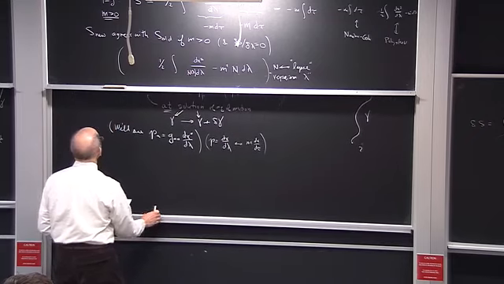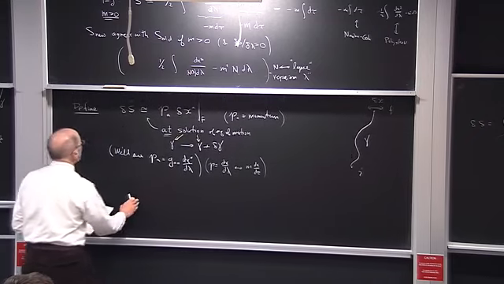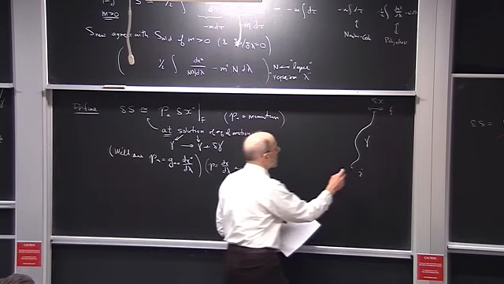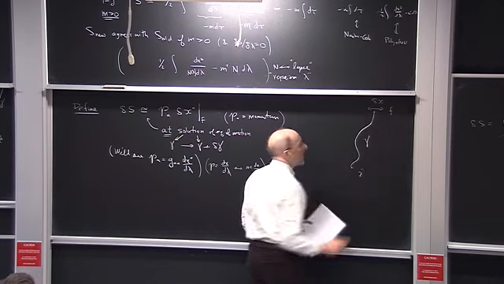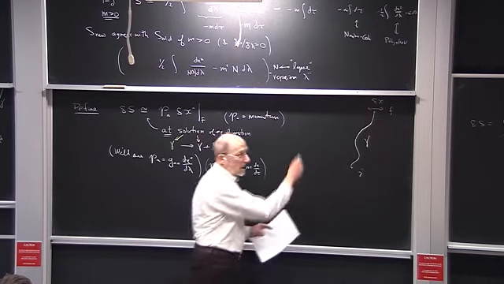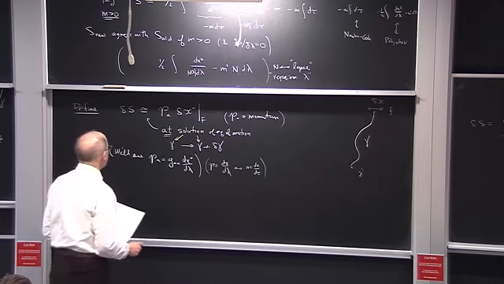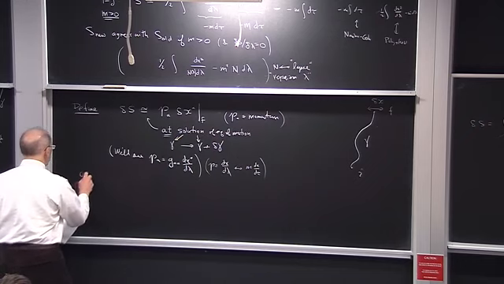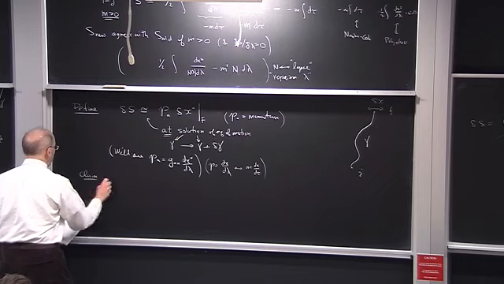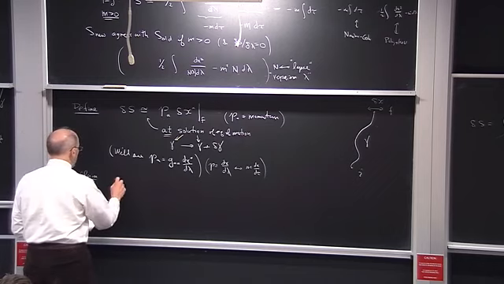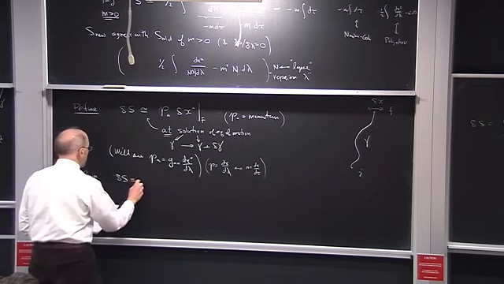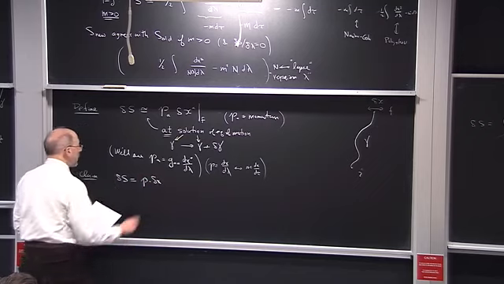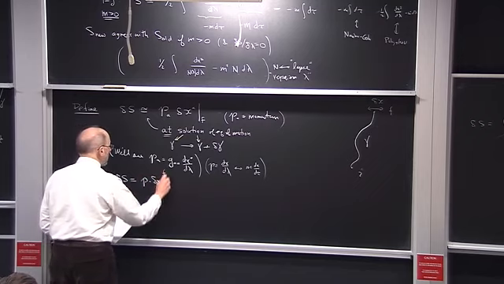Now I claim we need an intermediate result. So this was the definition. It told us to fix the initial world line and allow the final endpoint to vary. What will we get now if we allow them both to vary? I claim that it follows from what we just wrote above that again we get p dot dx, but now it's the difference.